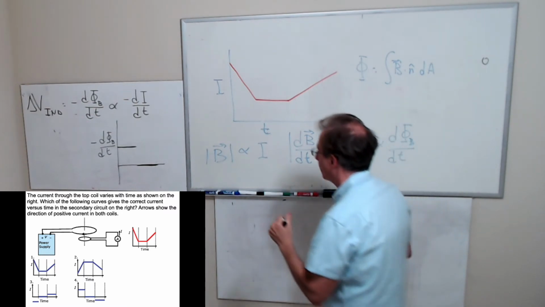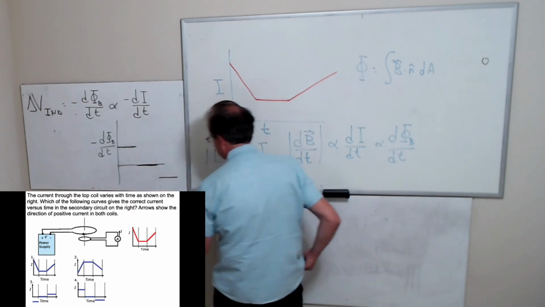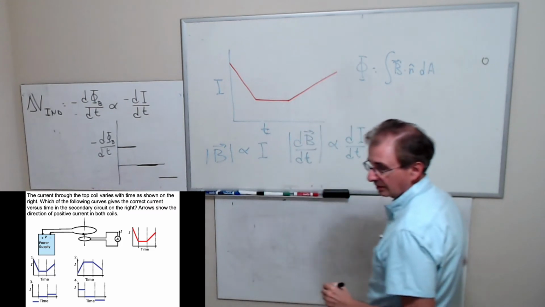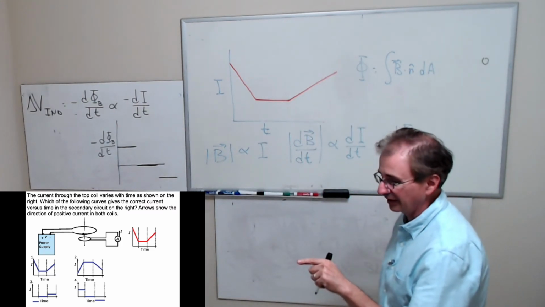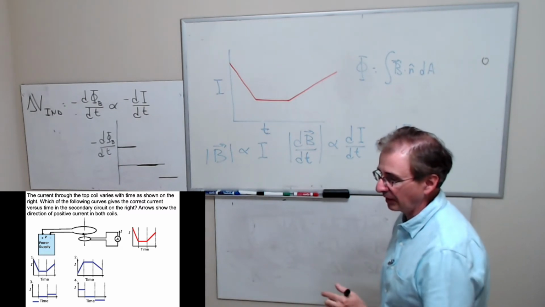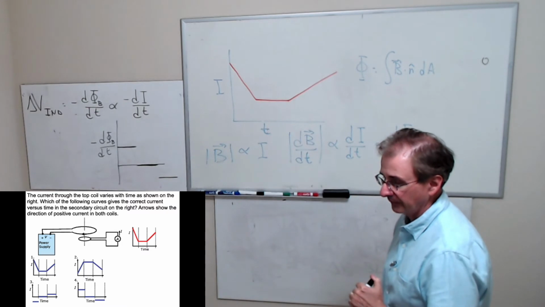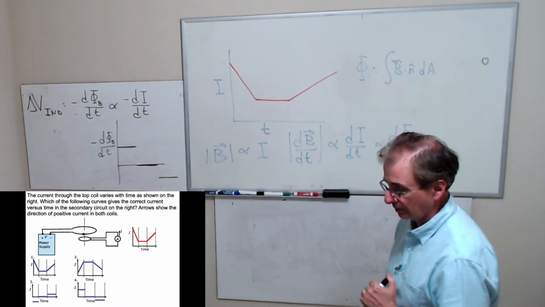Okay, and then you'd have a negative here, but the problem is, the problem states that the problem defines our coordinate system. The problem says that the direction of positive current is shown in that problem. Okay.